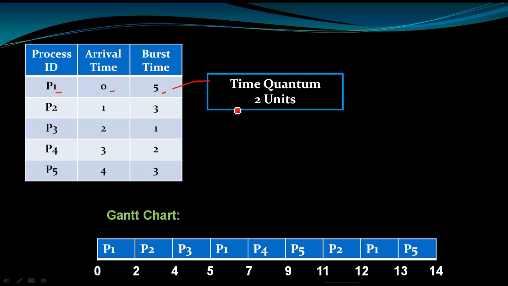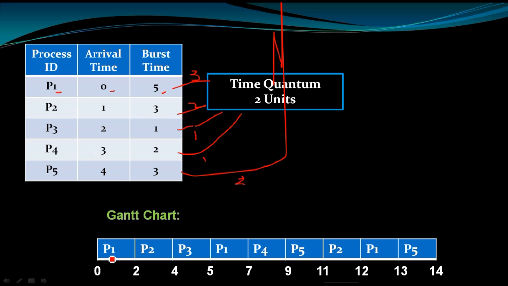As per the burst times, P2 requires two time quanta, P3 requires only 1, P4 has a burst time of 2 so it requires only 1, and P5 requires 2 time quantums. Now let us prepare the Gantt chart.